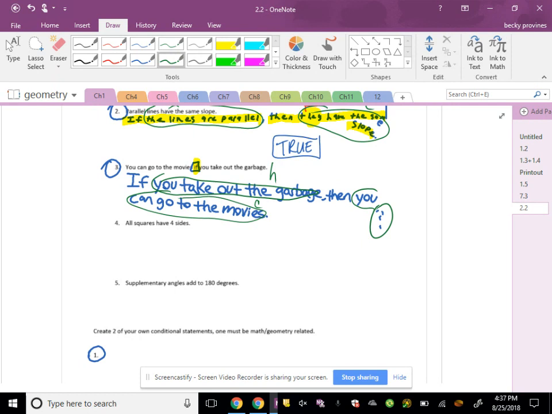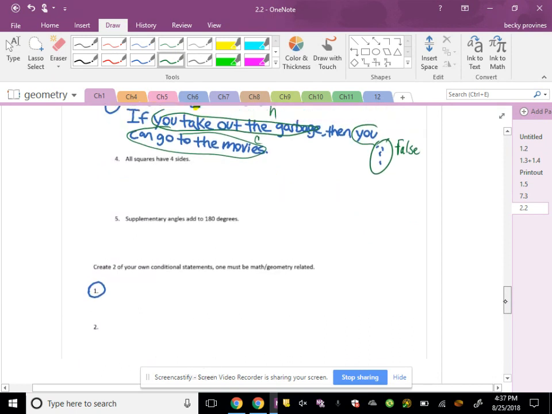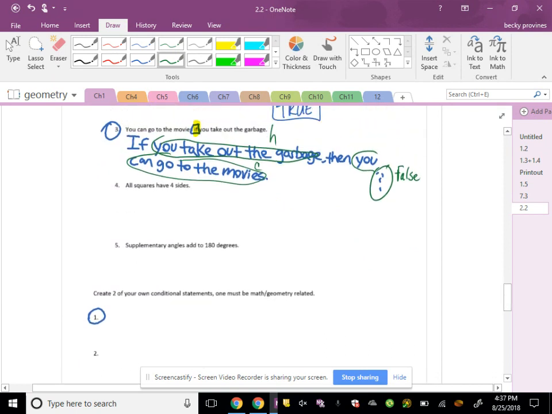If I had to say, I'm going to say false because I have taken out the garbage and I didn't go to the movies. So if something like this happens, you can explain your situation. If I had to pick, I would say false because there's many people that don't go to the movies because they take out garbage.